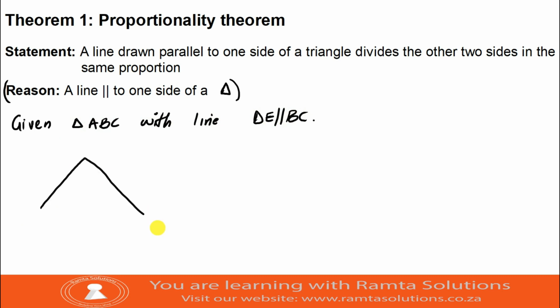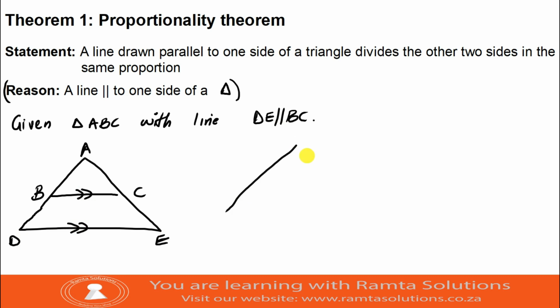Let's think of this triangle here. Let's call it A, B, C, D, E. Remember, we are given triangle ABC with line DE parallel to BC. As we can see, DE is this one here. It's parallel to BC. Or you can also draw it like this.